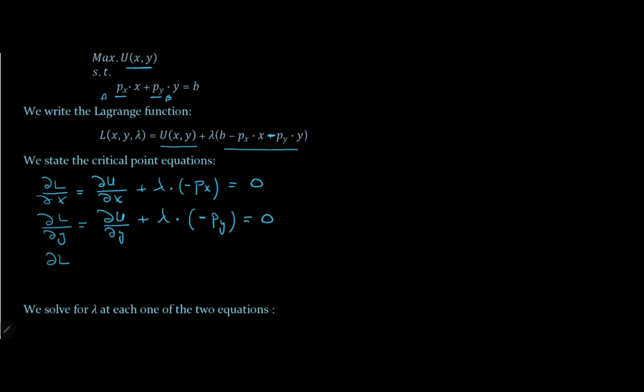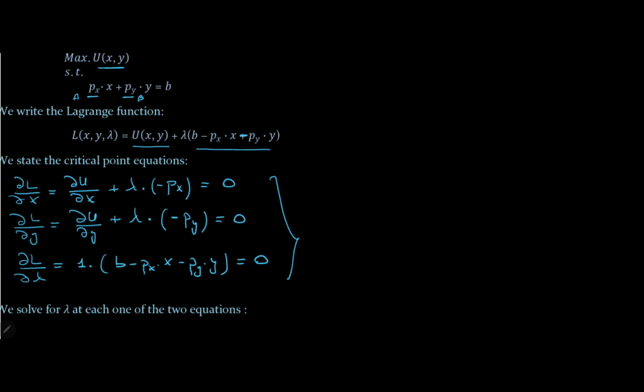And finally, the partial derivative according to lambda is equal to 0 plus lambda turns into 1 that multiplies b minus px times x minus py times y, because that's a constant multiplying that remains the same, and this must be equal to 0.